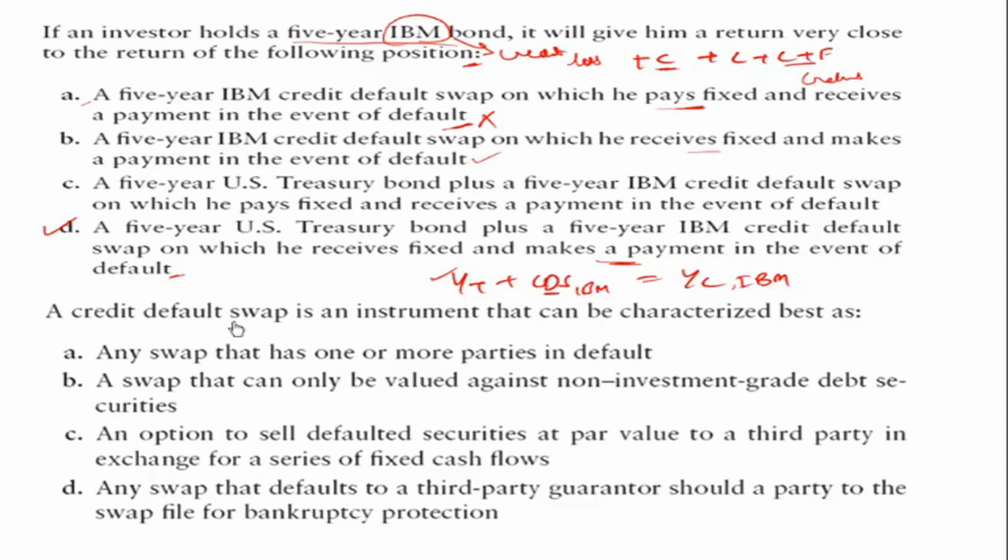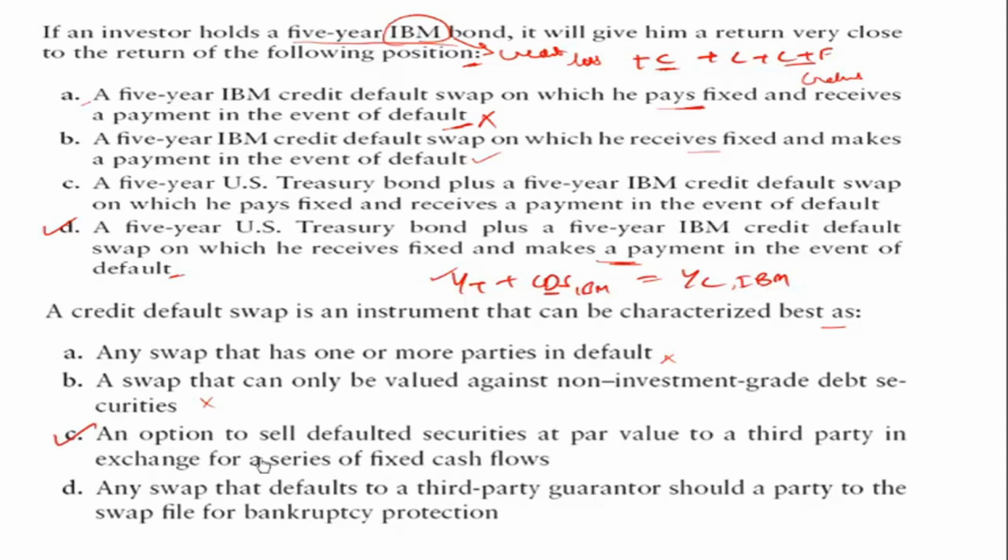A credit default swap is an instrument that can be characterized best as: any swap that has one or more parties in default; a swap that can only be valued against non-investment grade debt securities, that's not correct; an option to sell defaulted securities at par value to a third party in exchange for a series of fixed cash flows, that is correct.